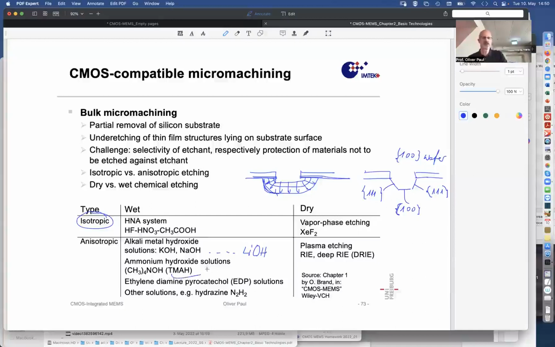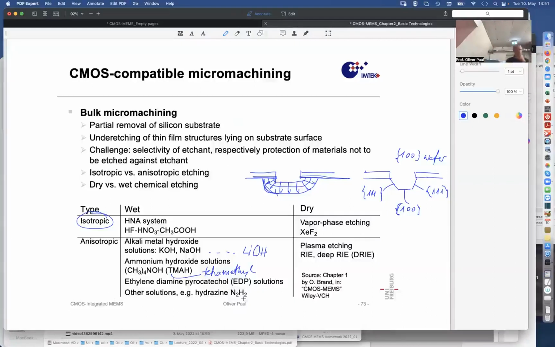So this is tetramethyl, and the tetramethyl you see here, this is probably the alcohol, and then here we have this tetramethane, and there is also ethylene diamine pyrocatechol, commonly abbreviated as EDP. So people only talk about EDP solutions.